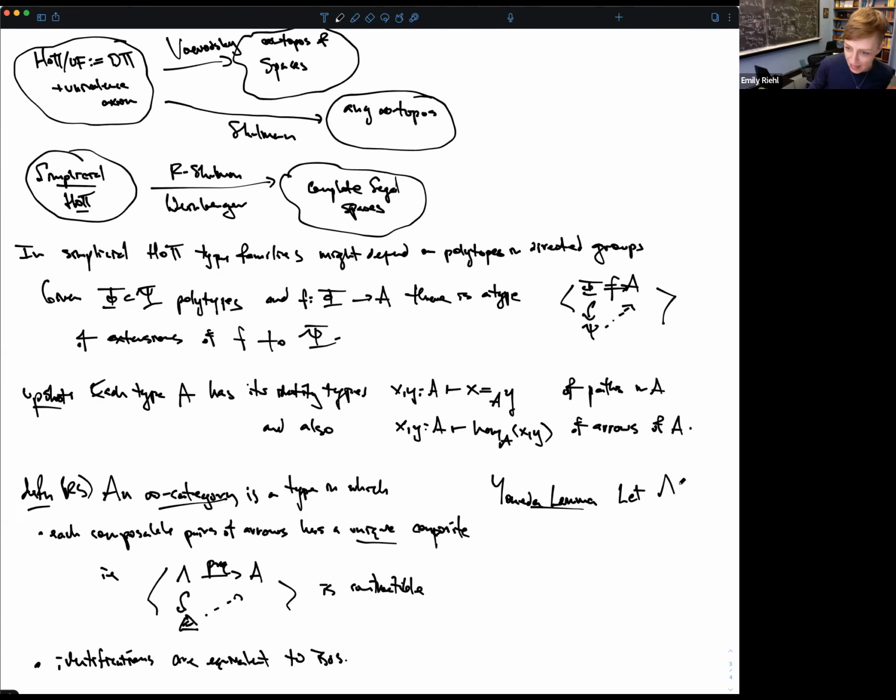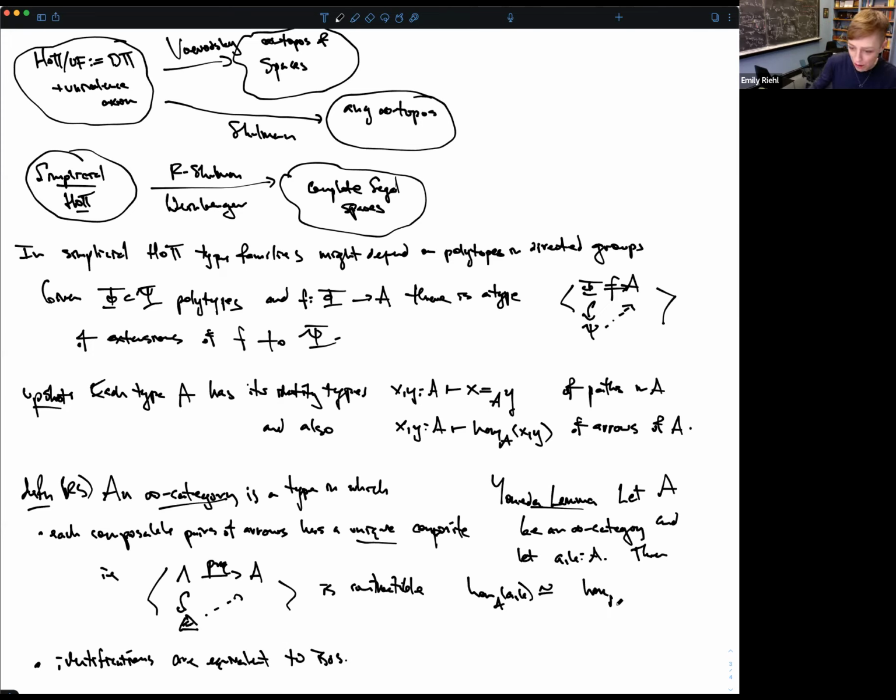Let A be an infinity category, and let X and Y be terms of type A. You'll say A and B. Let A and B be terms of type A. Then the type of arrows between A and B is equivalent to the type of natural transformations between the corresponding represented functors.